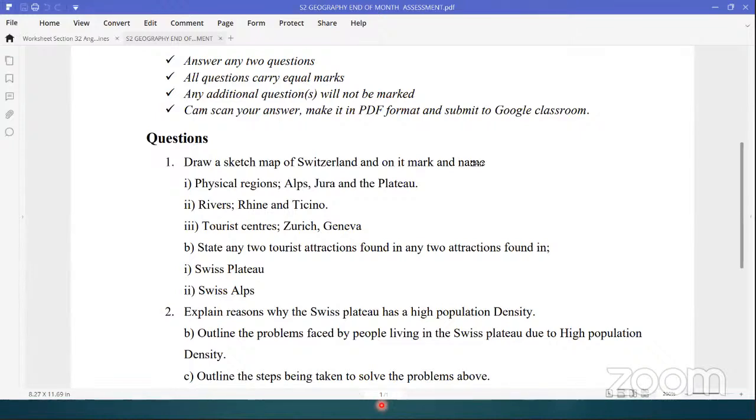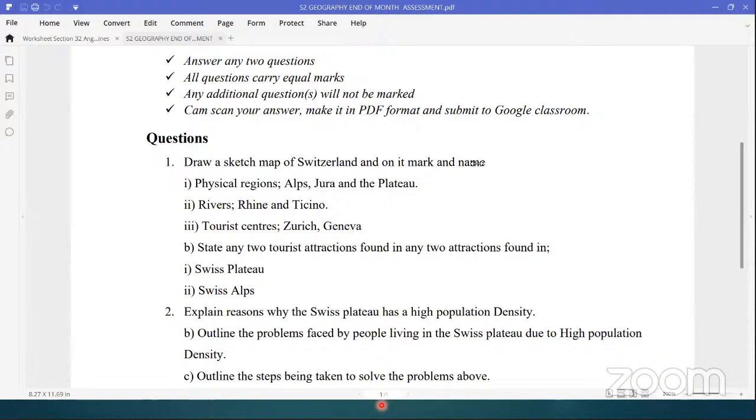The presence of many industries in the region, which offers many employment opportunities and thus attracts dense settlements. Oh, thank you very much. We have the point of industries. We say that the Central Plateau or the Swiss Plateau has many industries.